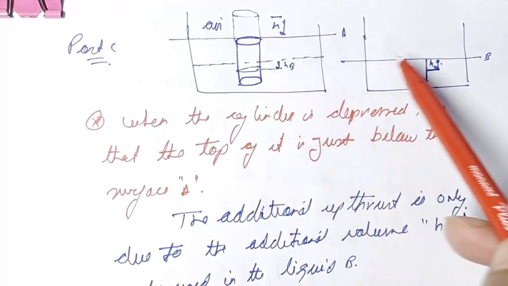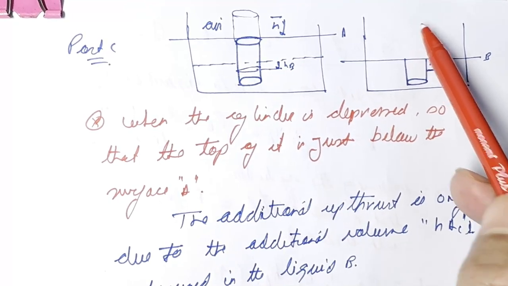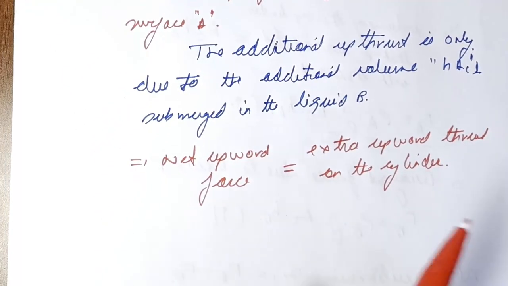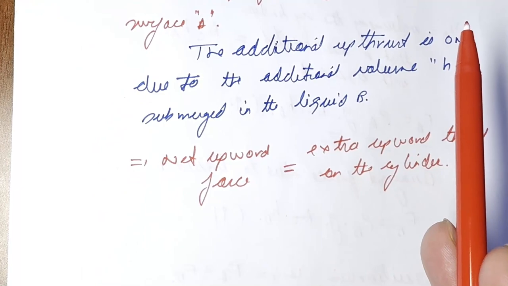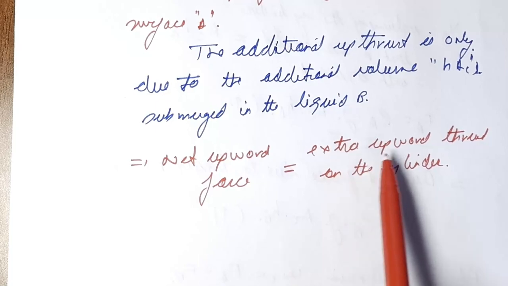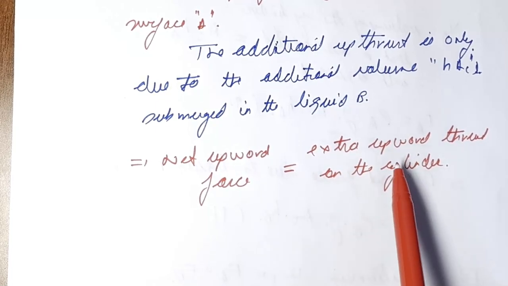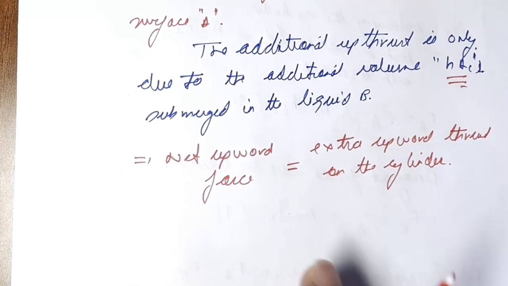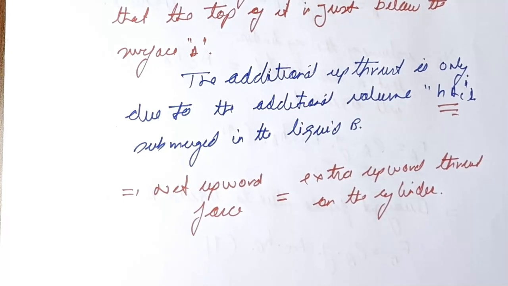Now the equilibrium is disturbed by applying extra force on the cylinder, so there will be a net upward force acting on the cylinder, and that net upward force will be only because of the extra upward thrust, which is because of this additional volume H multiplied by AC.